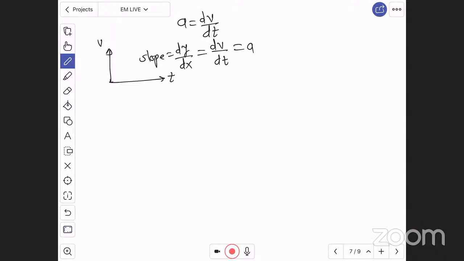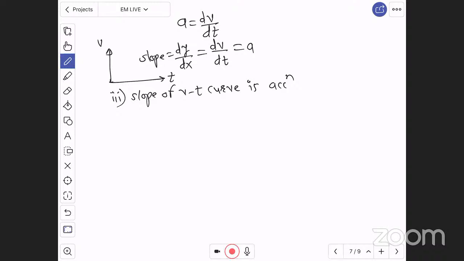Therefore the third statement will be: slope of velocity versus time curve is acceleration. The area of the velocity versus time curve was displacement, but slope is acceleration.